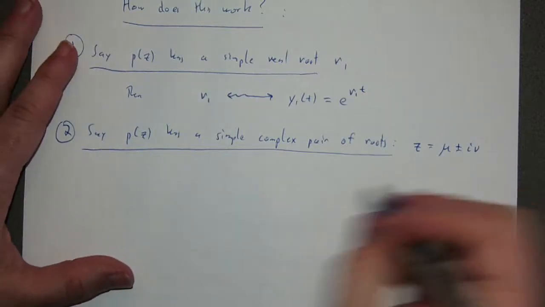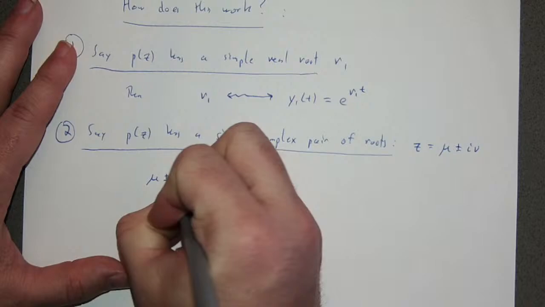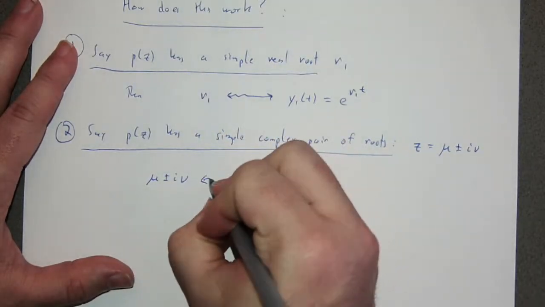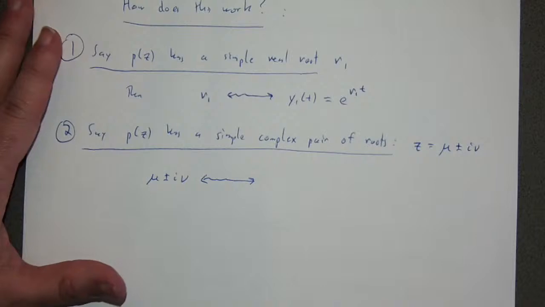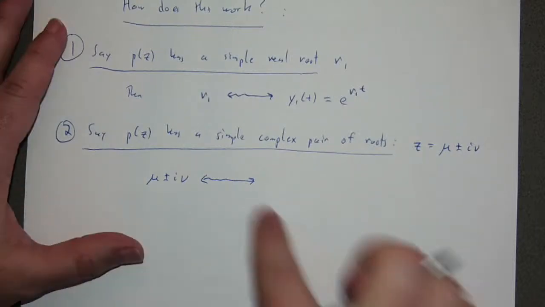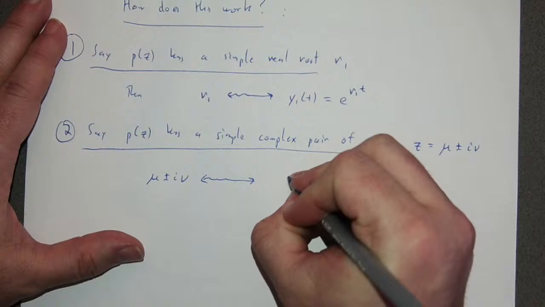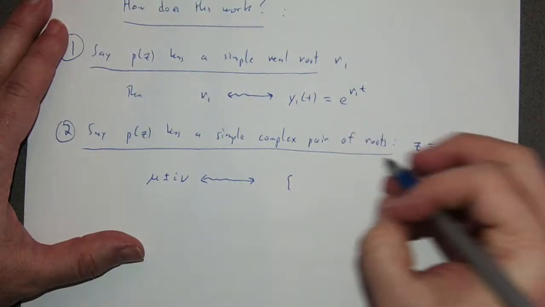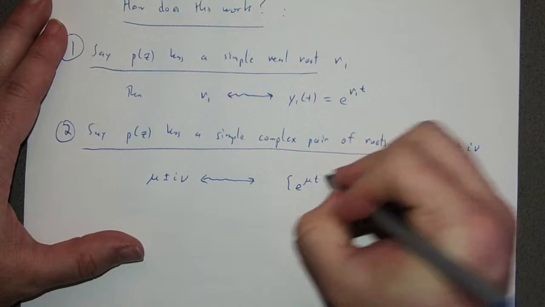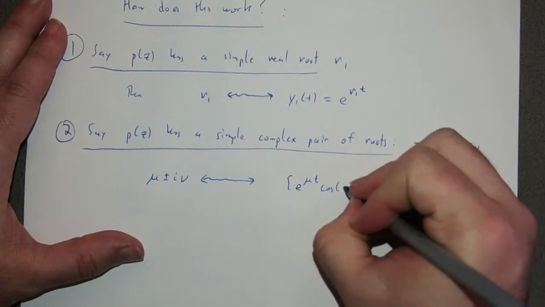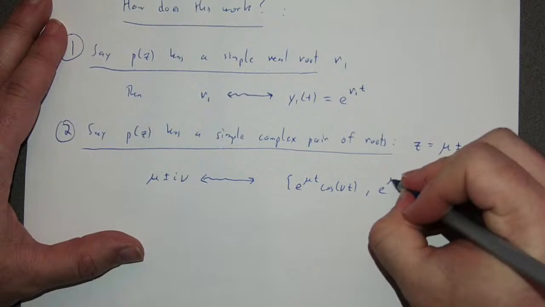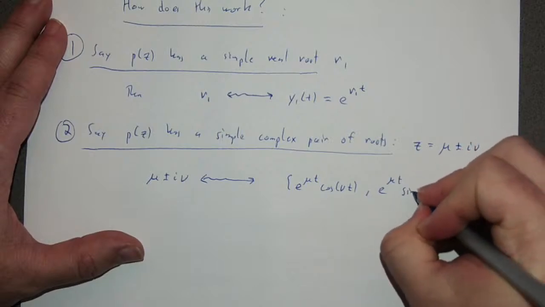Then mu plus or minus i nu gets assigned two solutions. The first one is e to the mu t cosine nu t. The second one is e to the mu t sine of nu t.